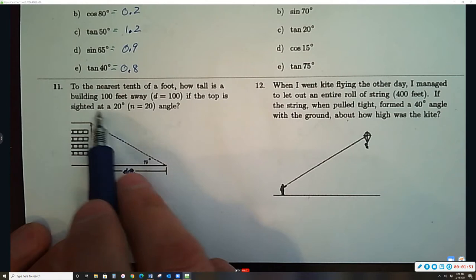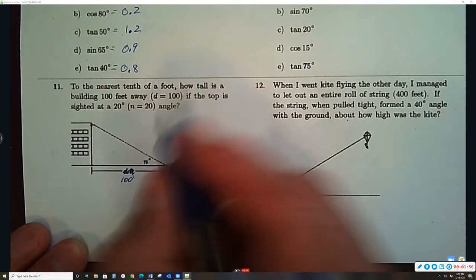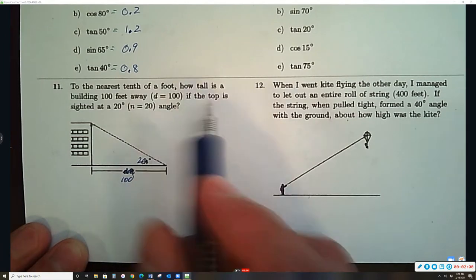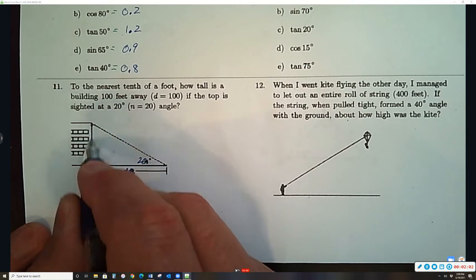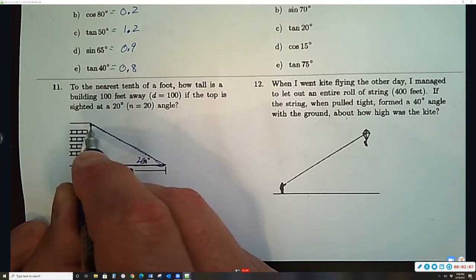If the top is sighted at a 20 degree angle, that's N. So here's 20 degrees. So we basically have a right triangle here, and we're looking for the height of the building.